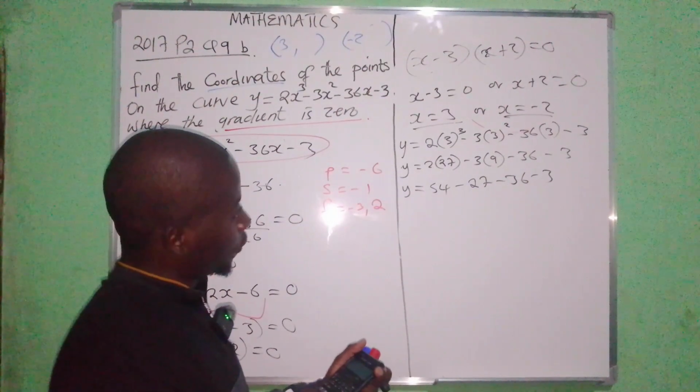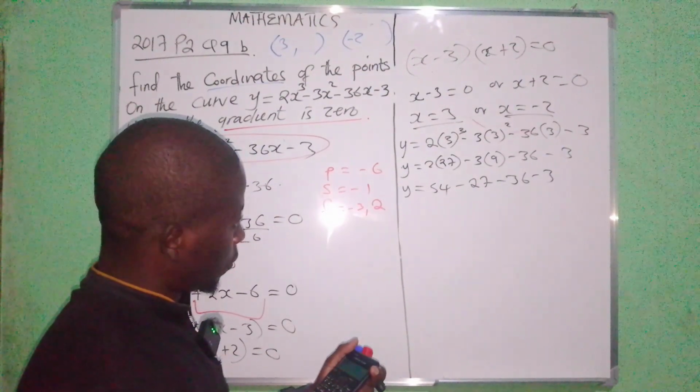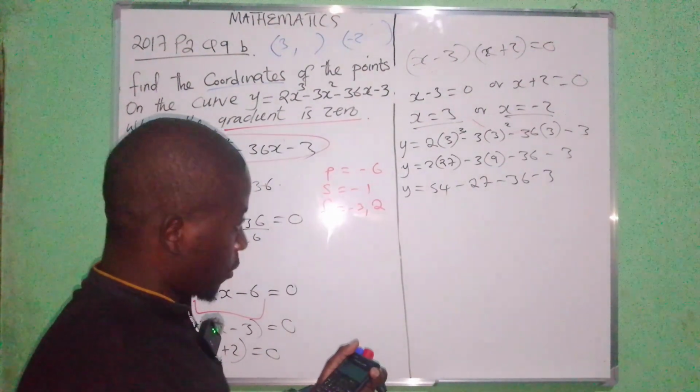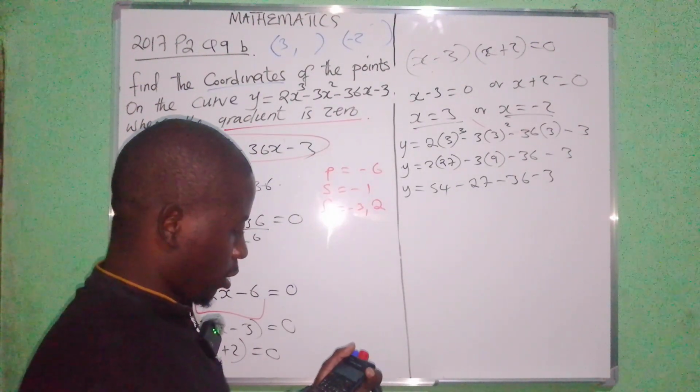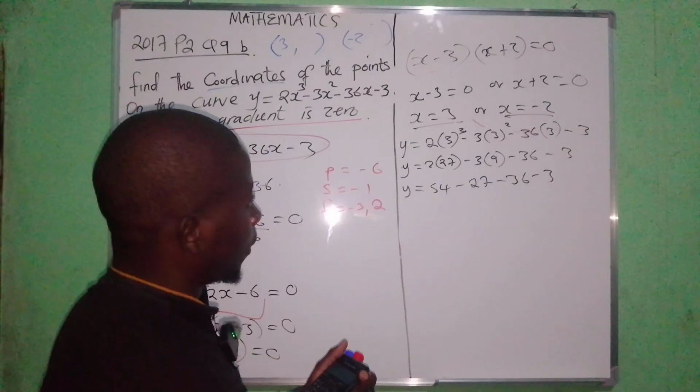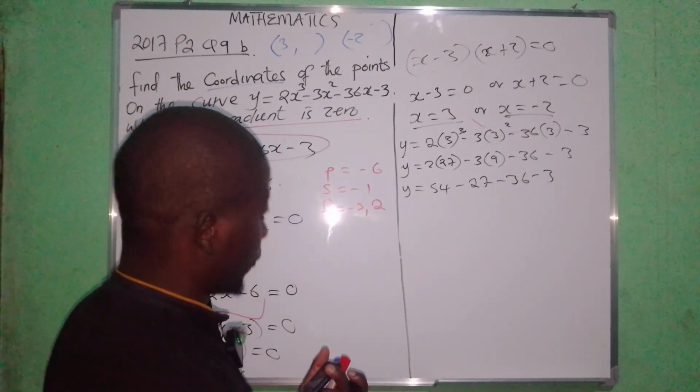54 minus 27 minus 36 minus 3 equals, we have negative 12 there.